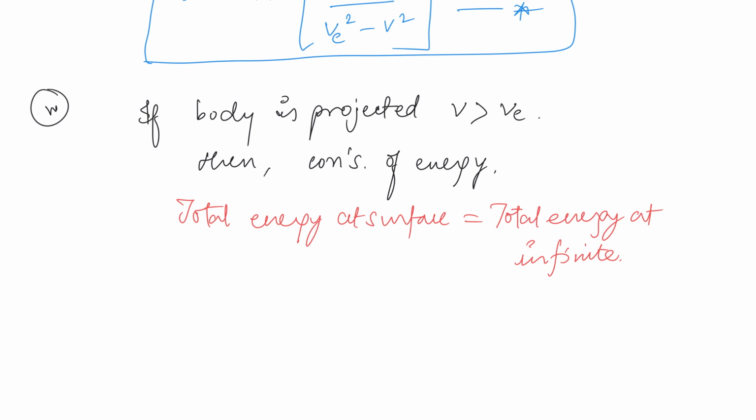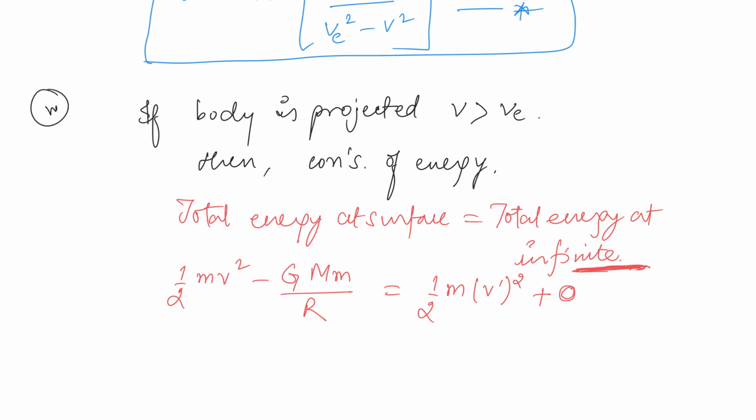So this will be ½mv² − GMm/r equals ½mv'². It will attain a certain velocity since it is greater than the escape velocity. Since it is at infinity, out of the gravitational pull of the planet, the potential energy will be 0. So v'² equals v² − 2GM/r, cancelling out the small m.